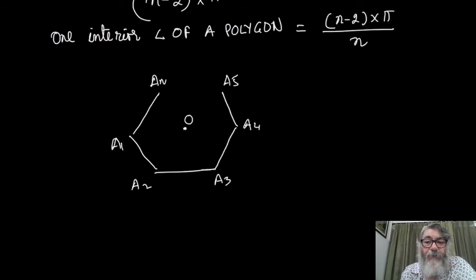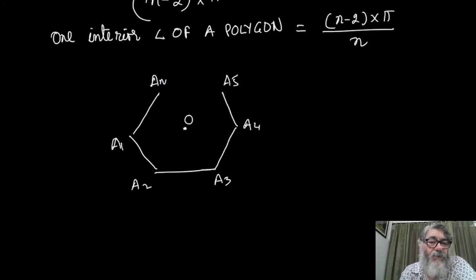Circumscribe in the sense that I'm taking O as the center, I am drawing a circle which is outside, which is touching every vertex of this polygon. Then that circle is circumscribing the polygon.